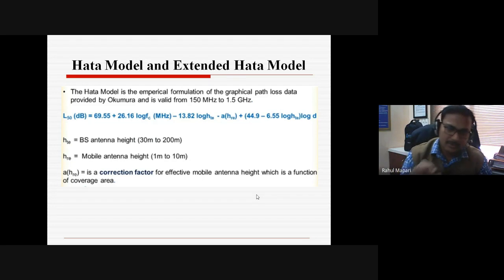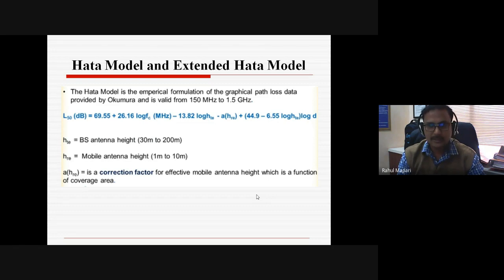So here the equation is directly given in order to calculate the path loss. The dependability on graphical data is reduced. That's why the Hata model is more efficient, or more accurate, as compared to the Okumura model.